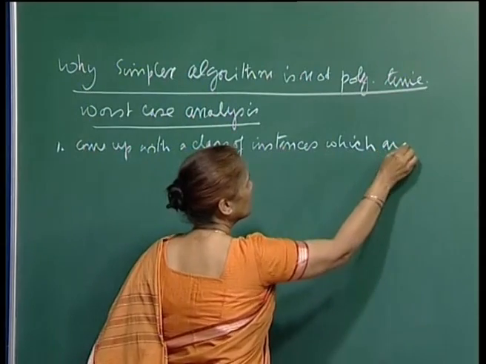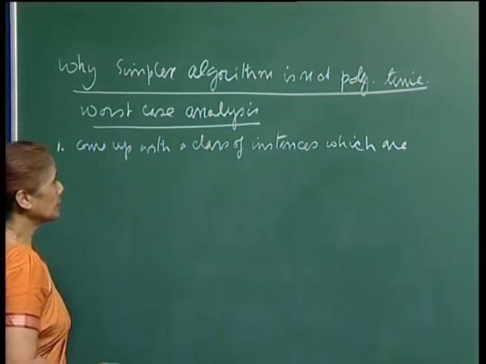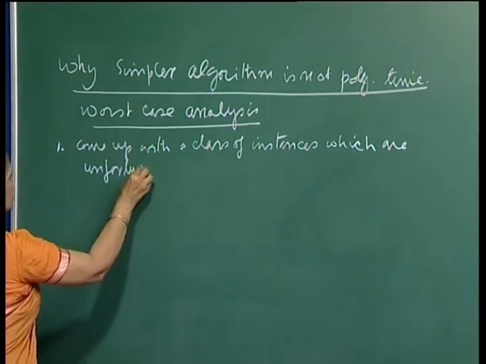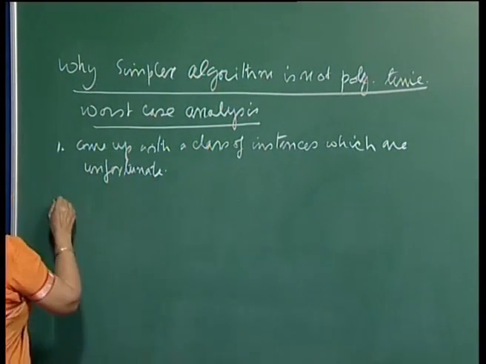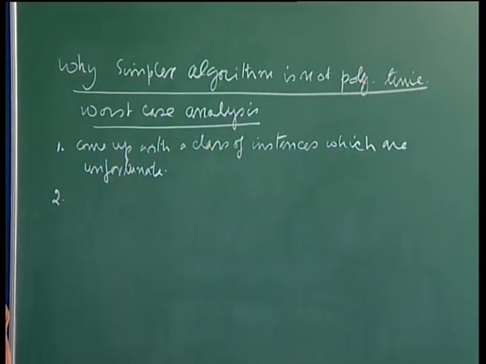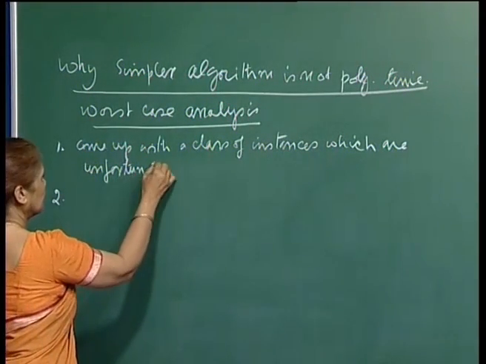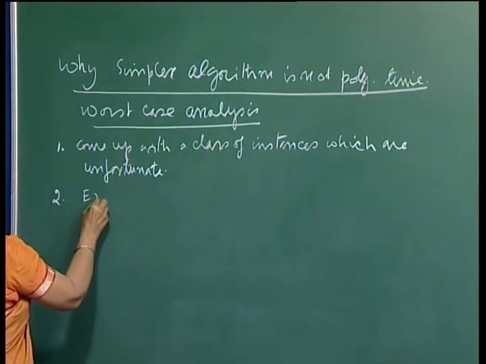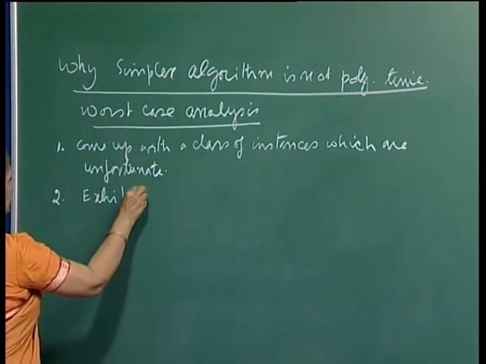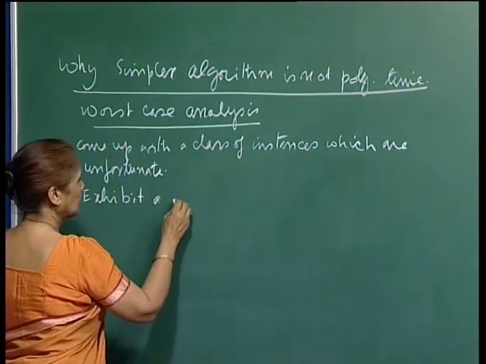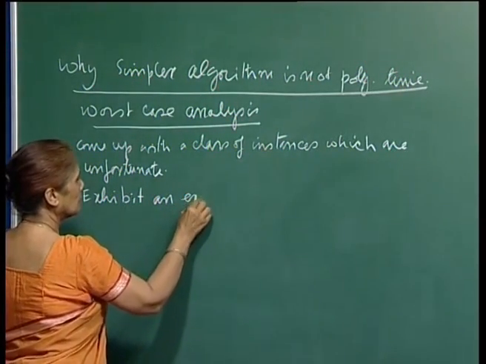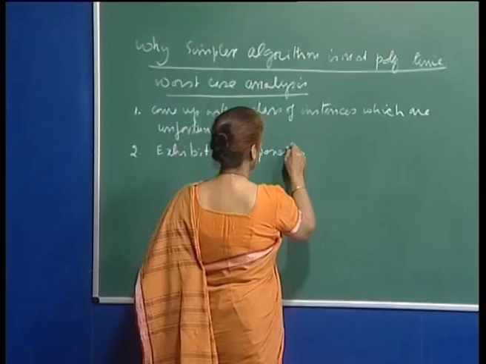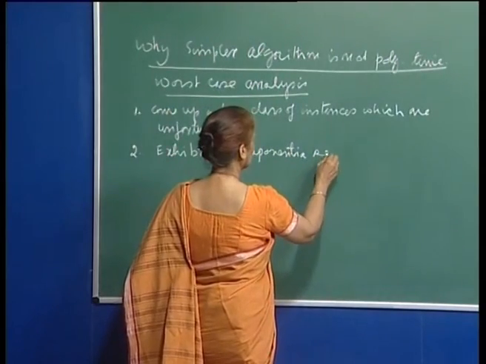That means the algorithm does not perform well on them. And the second thing is that you will have to exhibit an exponential sequence of pivots.